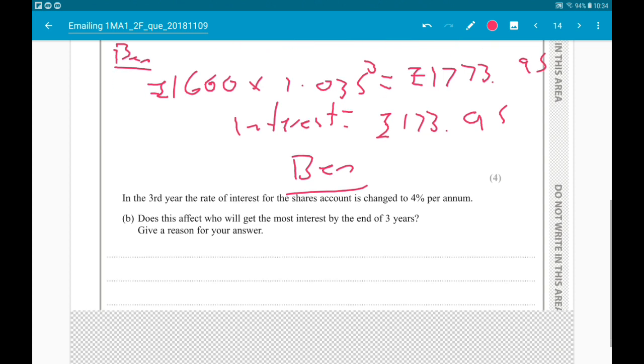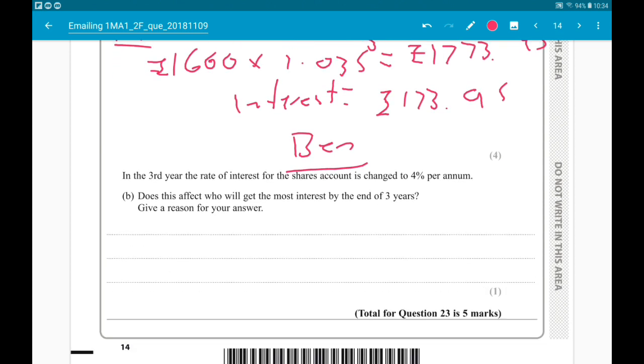Okay, and for part B, we are told that in the third year, the rate of interest for the shares account is changed to 4% per annum, so it's increased. Part B, does this affect who will get the most interest by the end of 3 years?